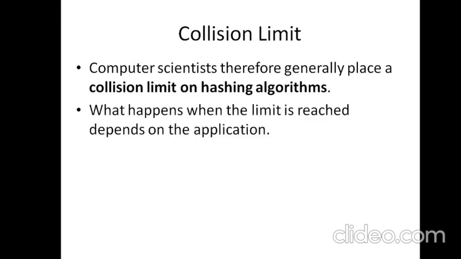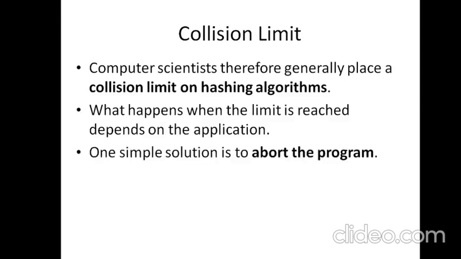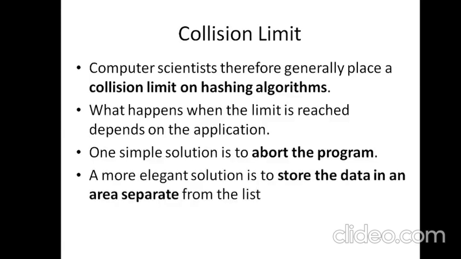What exactly the limit is, is left to the implementation, but there should be some limit which determines whether the algorithm is performing very poorly or is acceptable. In case the implementation exceeds that limit, then the program may have to be aborted, or we have to store the data in a separate list, which is the idea of the linked list.